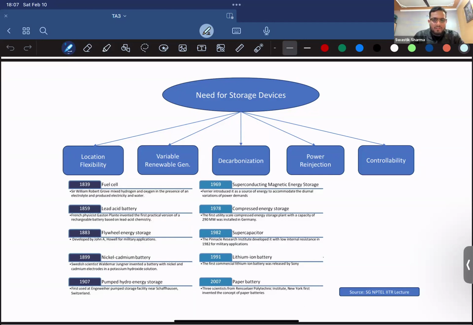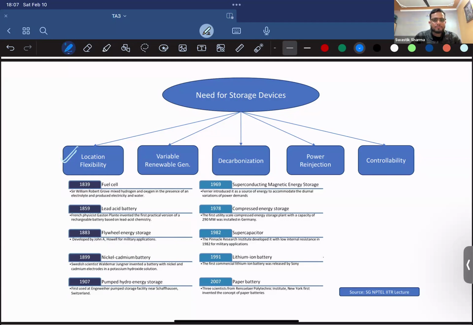These offer many advantages. First is their location flexibility. These can be installed at any place. We don't require a huge capital or a huge land for them, like in the case of a wind farm or solar generation. This can be incorporated at any point at the distribution side or the transmission side.